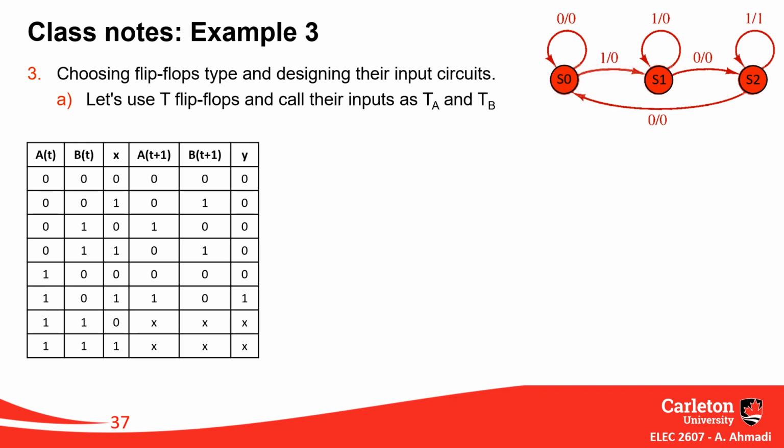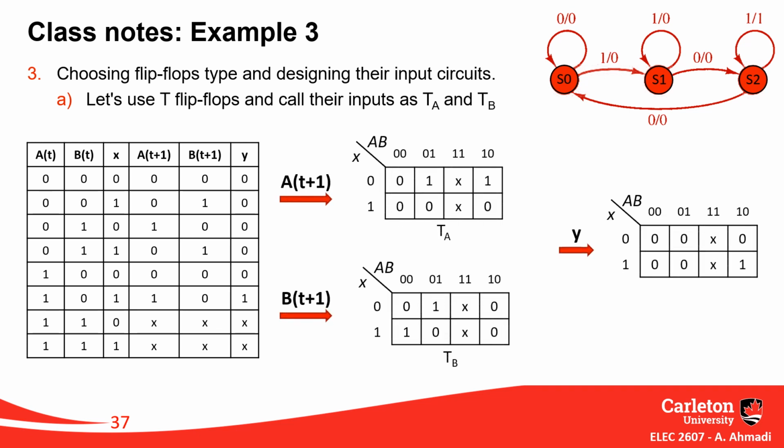If you want to design that with T flip-flop, same strategy. You have to have your K-maps again for TA, TB, and output. And using this, you can design your T flip-flop based circuit as well, similar to what we did.